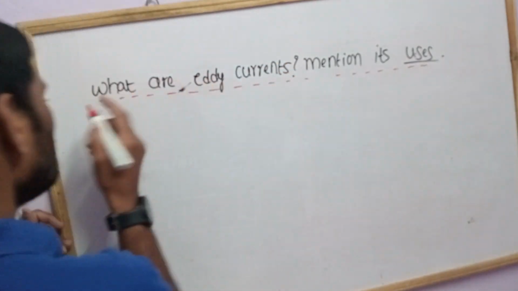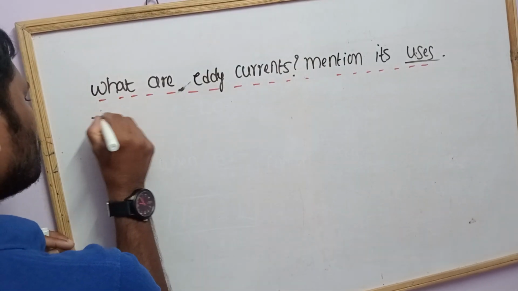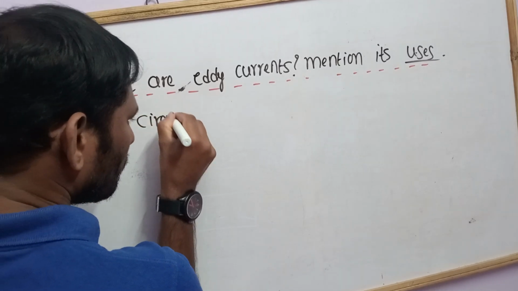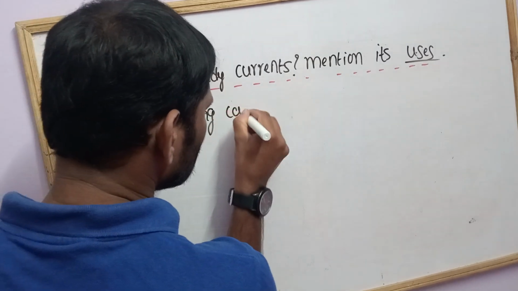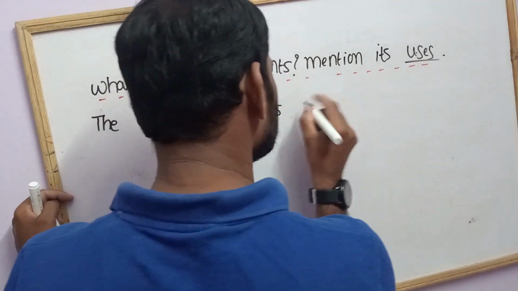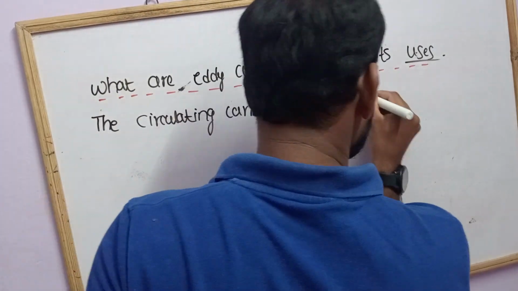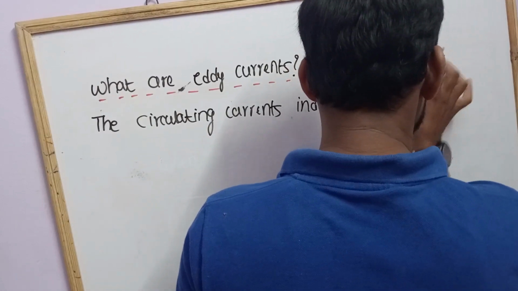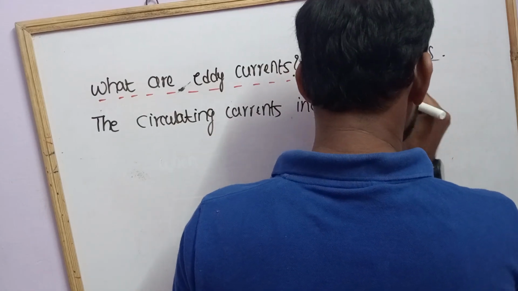I will write the definition. The circulating currents induced in metal plates. Don't use A, because I'm writing the plural form here.